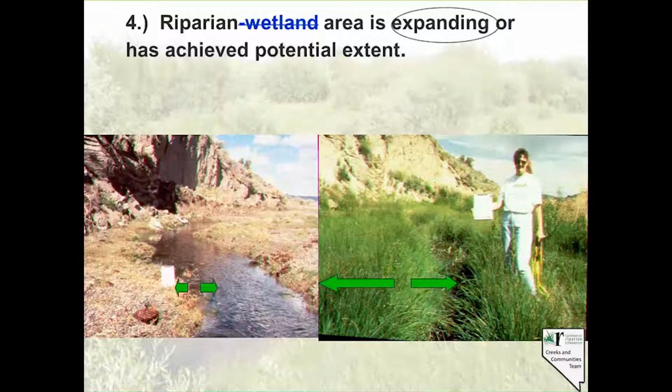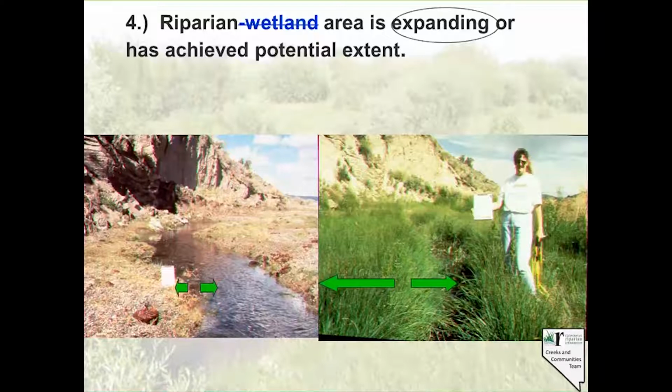And the reason we've got the two options there is, I believe early on the wording said riparian area is expanding. And if you were at potential, then your site was no longer expanding, but that wasn't a bad thing in that case. So if you look at the photo on the right, in the time period between those two photos, and that is the same site, that riparian area had been expanding.